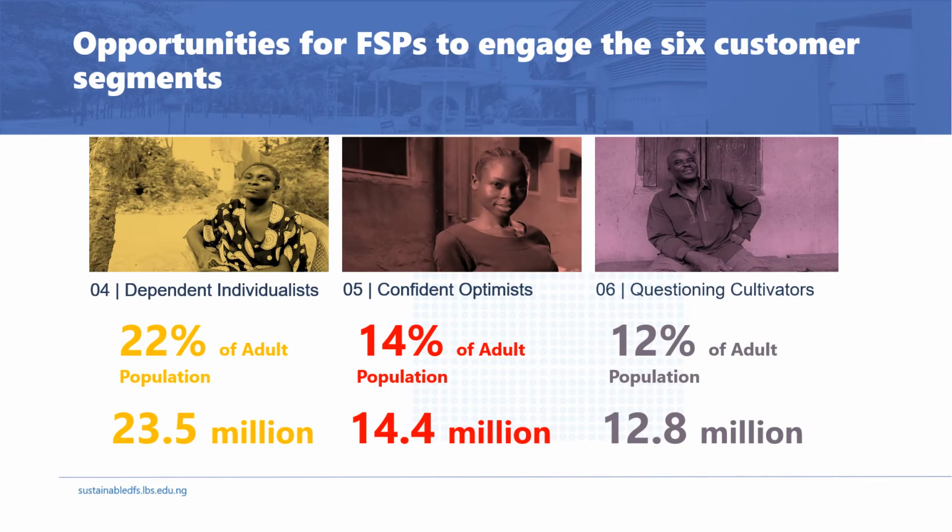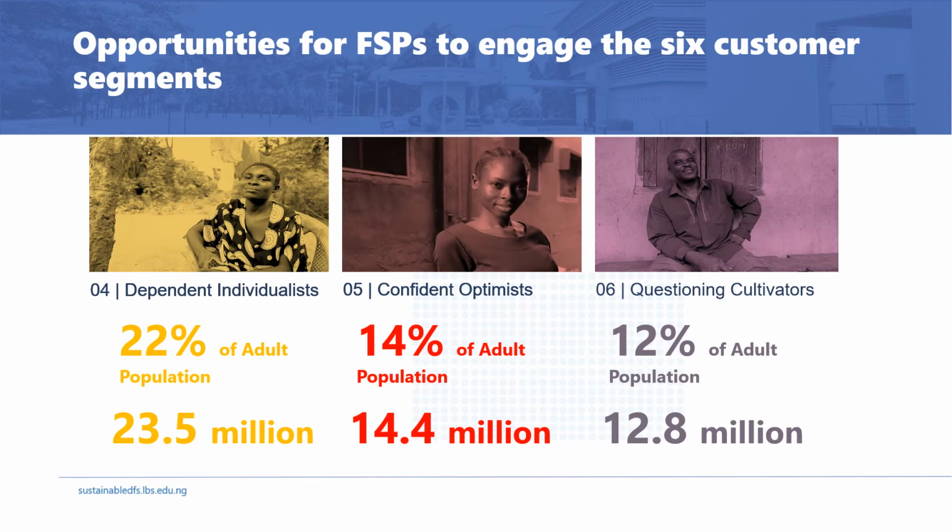Dependent individualists are mostly young, rural married women who are self-employed or farm with low and volatile income, which makes it difficult to plan and meet expenses, save toward goals, and build an asset base. Confident optimists, on the other hand, are mostly young, urban, tech-savvy, married women with the second highest income and relatively low income volatility.